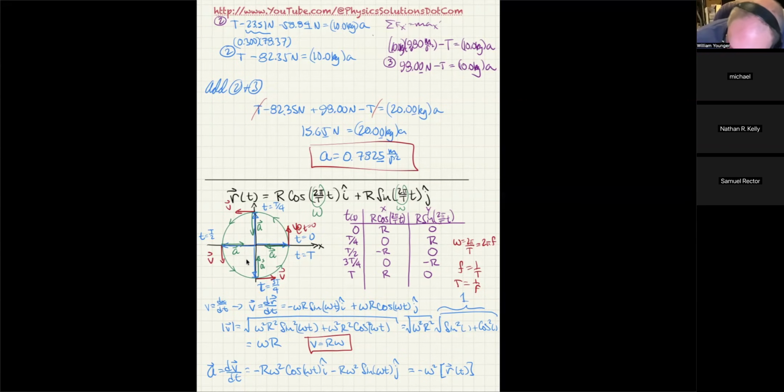And in fact, if you wanted to take the magnitude of it, you can already see that the magnitude of r of t is only going to be omega. So that also tells us that a is equal to, in fact, omega squared r, like that.